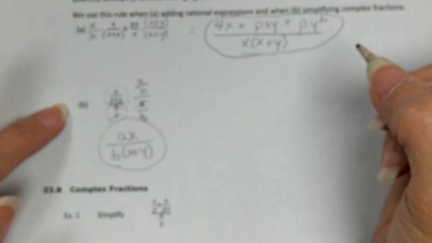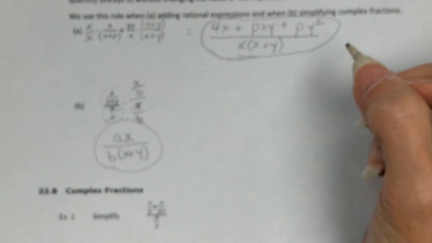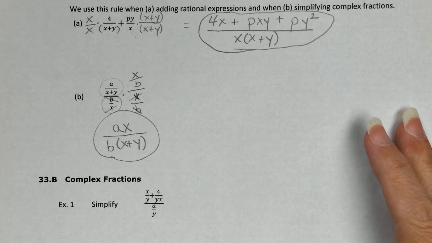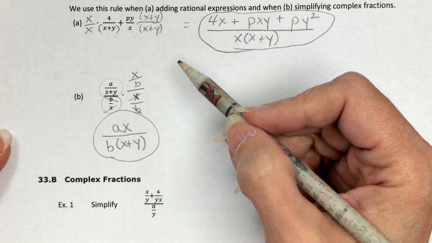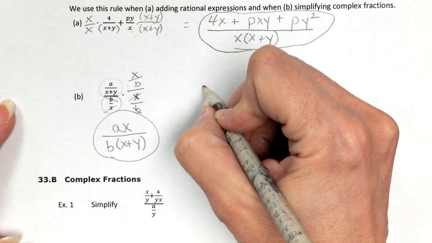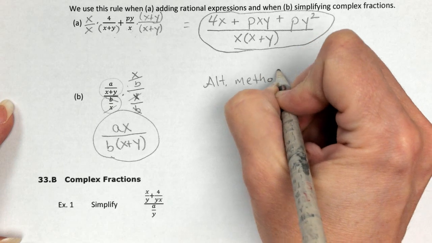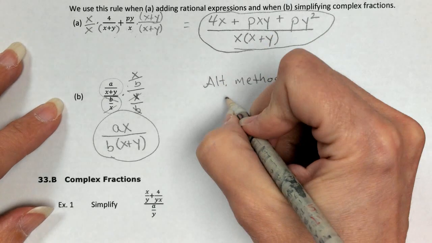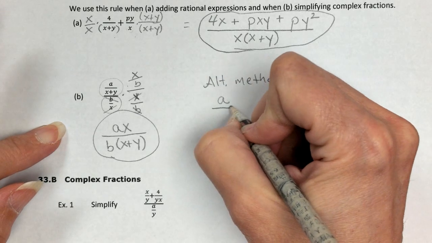Now you can simplify this kind without using the denominator-numerator rule. If that seems a little confusing, multiplying by that complex fraction, your alternate method, just for the second one here, for B, would be to rewrite this division problem that was written vertically, horizontally.